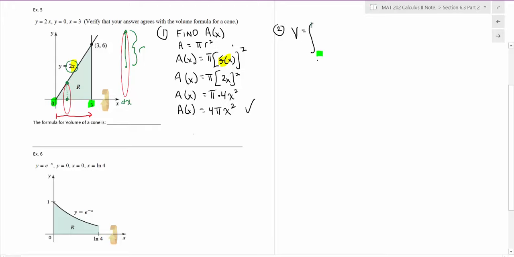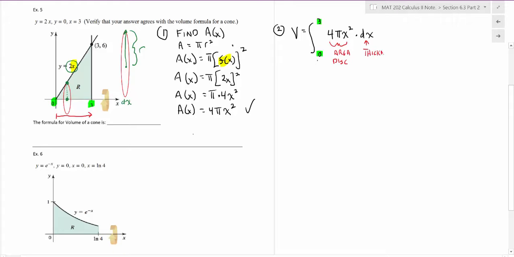So we'll have those limits of integration. And we're going to be doing the area function, 4 pi x squared times dx. And again, just want to keep stressing this, that right there is the area of the disk or the circle, and that right there is the thickness.